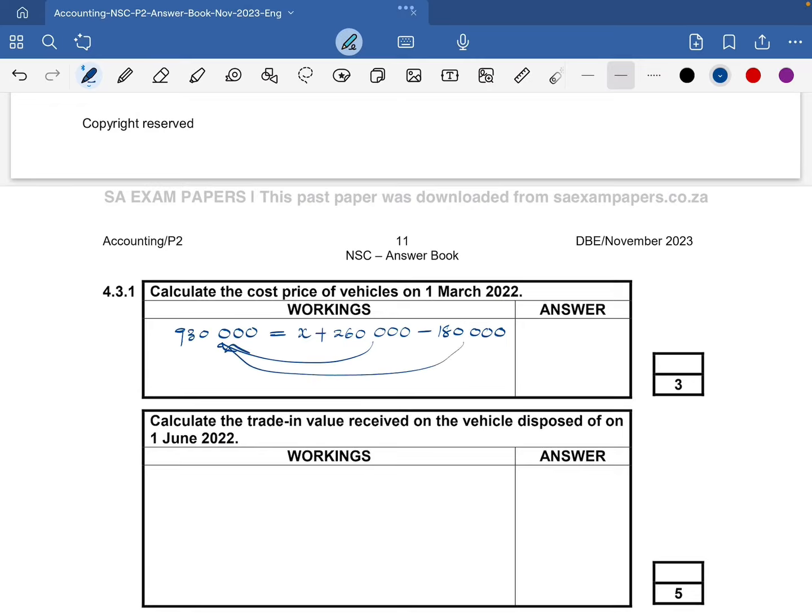With your mathematics, you know that whenever you take something to the other side of the equal sign, it changes the signs. So it's going to be 930 minus the 260 plus the 180,000, which is equal to 850,000. Okay, so that's 850,000.